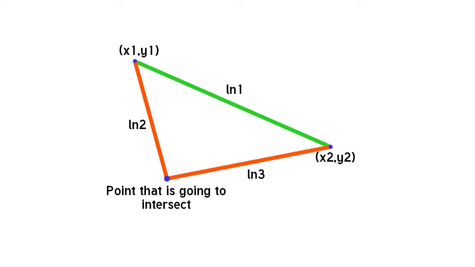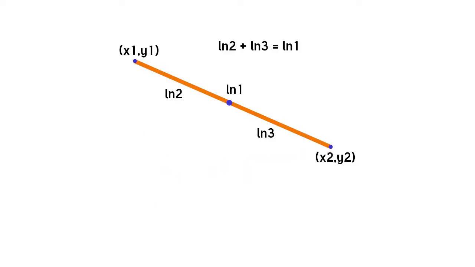Then get the length sum of ln2 and ln3 and compare it to the length of ln1. If they are equal, then the two lines connected to the point are perfectly aligned to ln1. Thus, ln1 and ln2 plus ln3 are the same line.